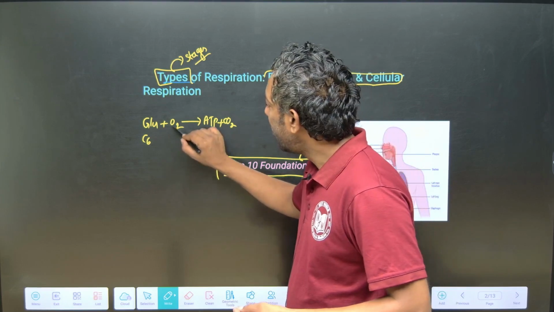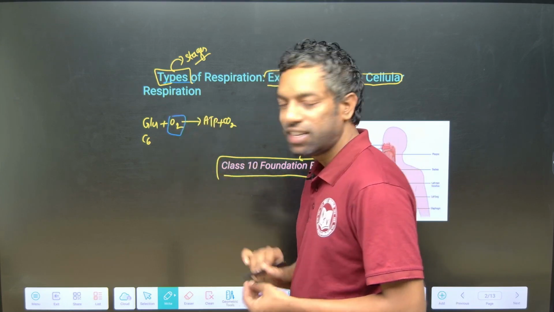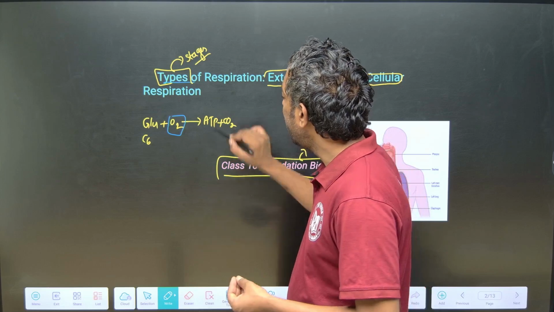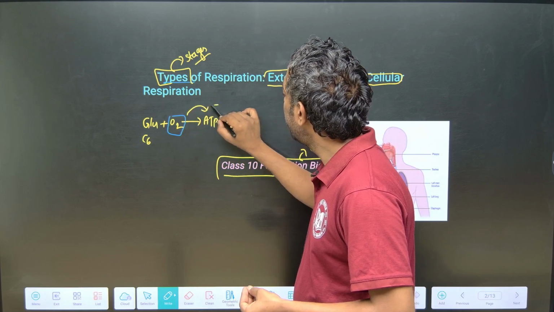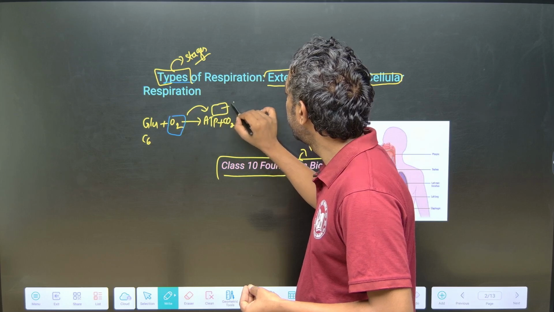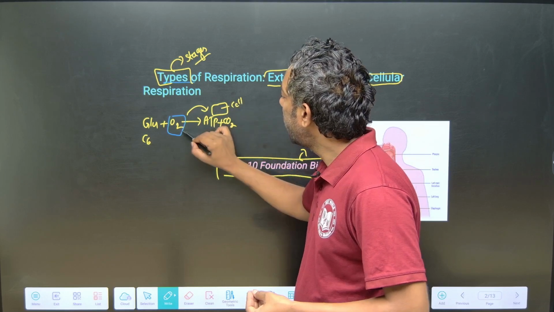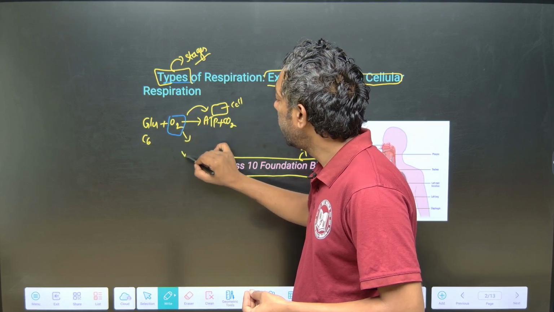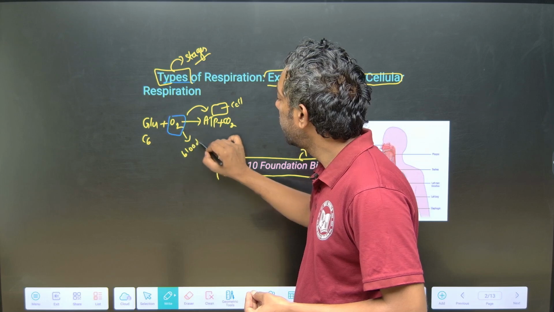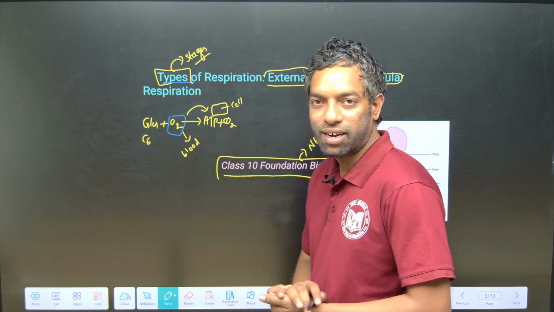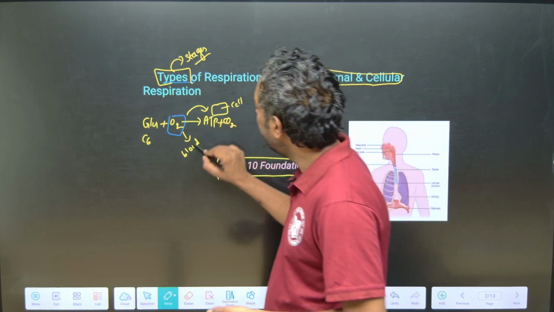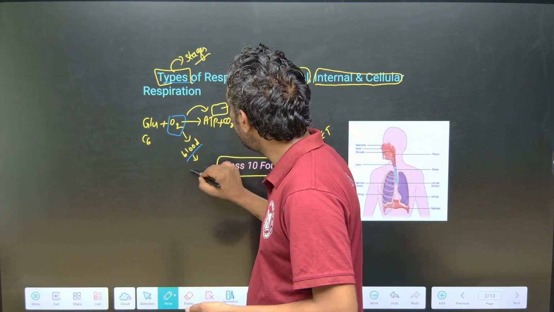The blood carries this oxygen into the cell. This is what we call oxygenated blood.